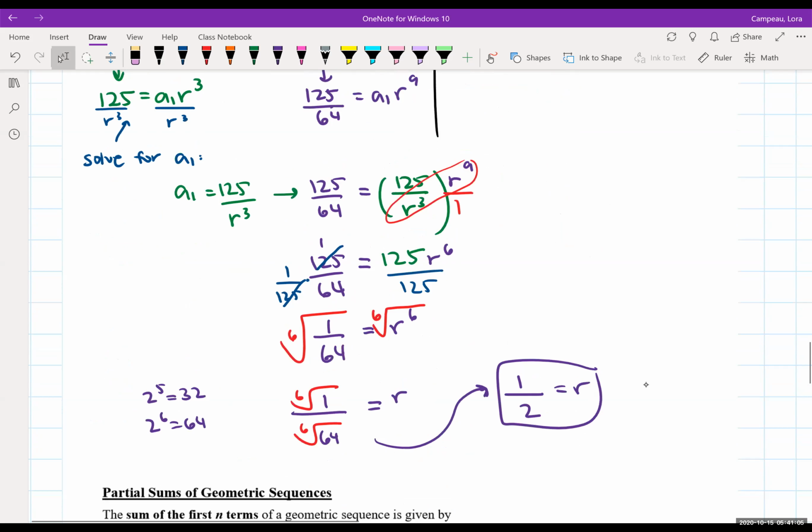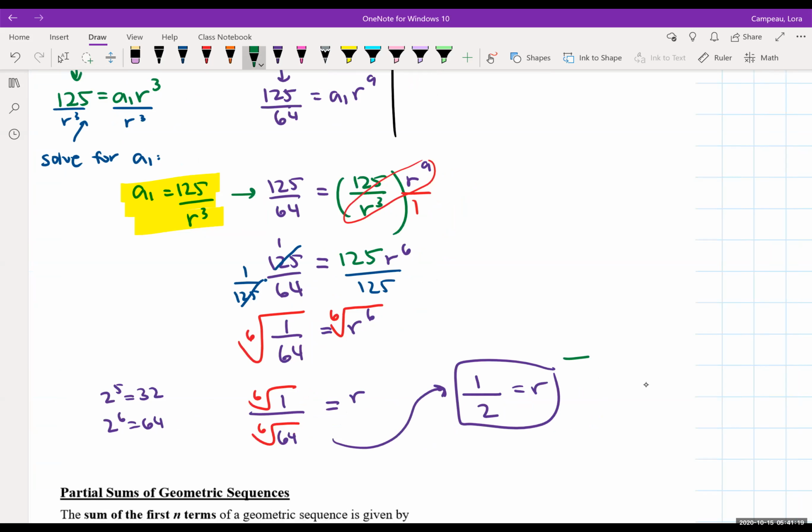So let's go back and clean up the system. We already figured out that r is 1/2. So if we look at our a sub 1, I'll take this off to the side. If a sub 1 is 125 over r cubed, then r is 1/2.